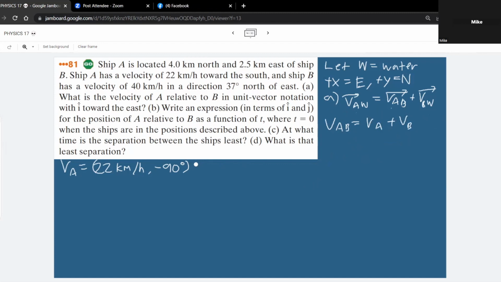And yung notation, yung v sub AB, vector yan, di ba? So, dapat may vector symbols yan. And yung relative velocity, di ba, that's actually v sub A minus v sub B. Yes. Hindi plus. Minus.